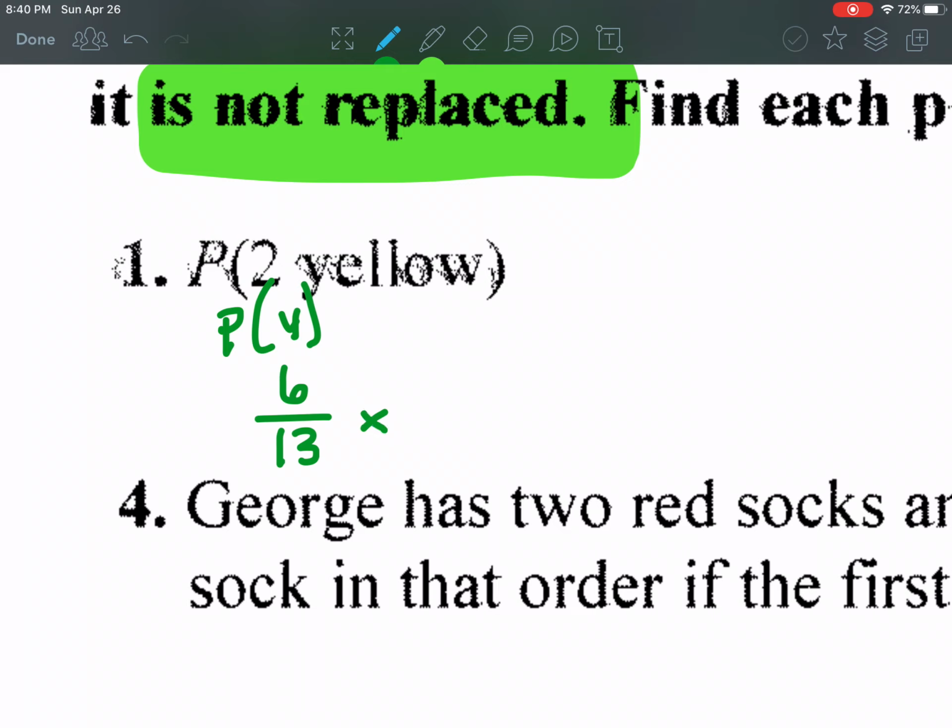Then we're going to multiply it by the second marble being yellow. Remember it said right here, not replaced. So we're assuming we have a yellow marble in our hands. If there were 6, now there are 5 yellow marbles. There was a total of 13 marbles in the bag, but now we have that yellow marble in our hand. There's only 12.